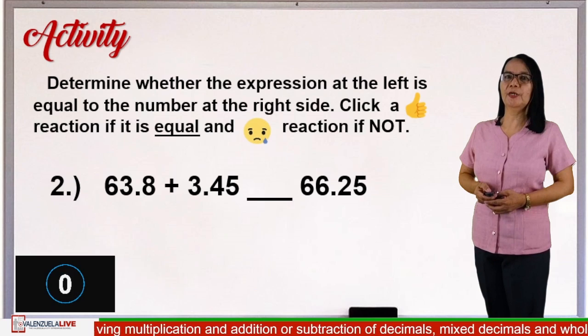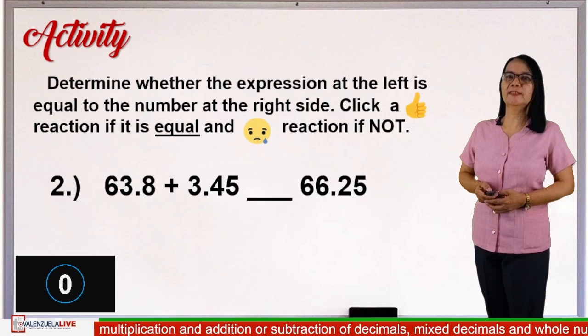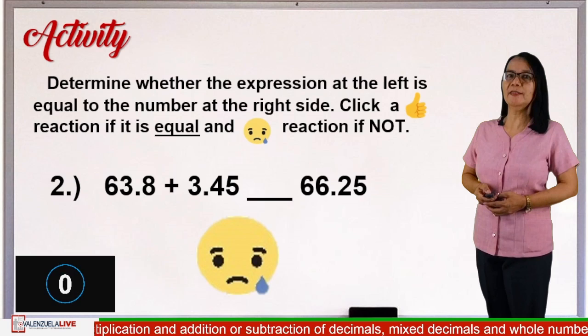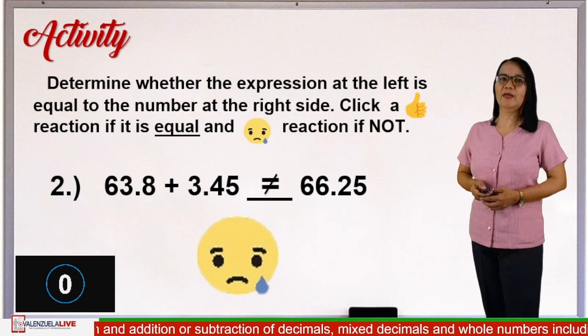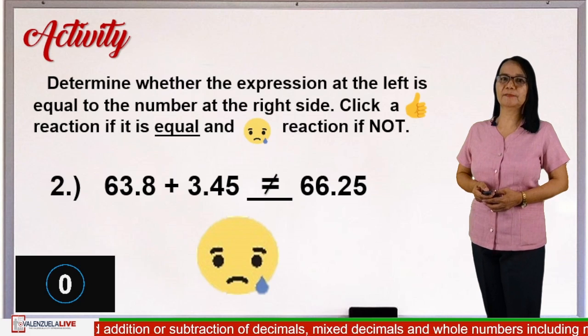What's your reaction? Correct. It's a sad reaction. It is not equal because the correct answer is 67 and 25 hundredths.